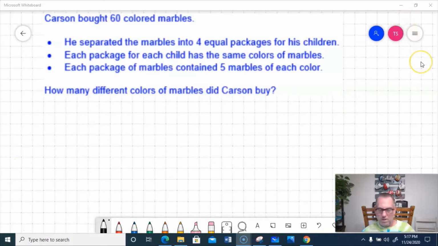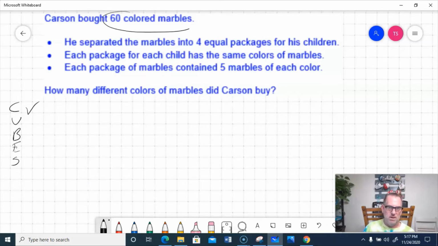So we're going to go ahead and break this problem down using our CUBES strategy. First thing I'm going to do is circle important information. So there's 60 colored marbles. He separated them into 4 equal packages.